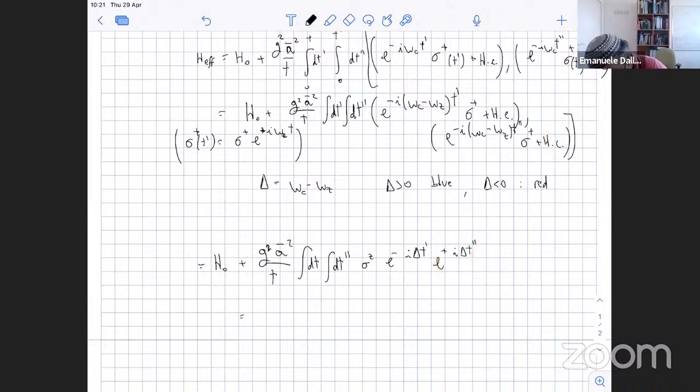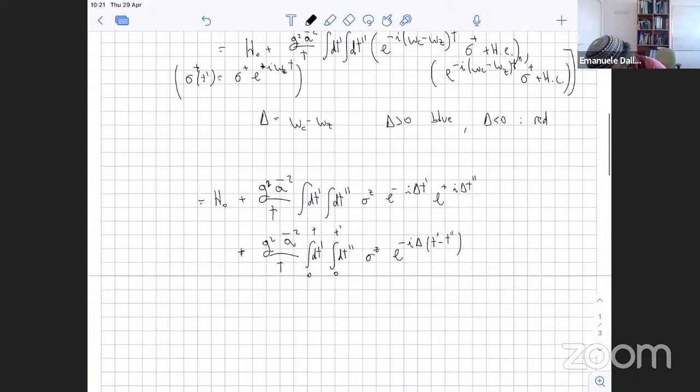So to summarize, we have g squared a bar squared over t, integral dt from 0 to t, dt' from 0 to t, dt'' from 0 to t', sigma z e to the minus i delta (t minus t' minus t''). Plus g squared a squared over t, integral from 0 to t dt'.